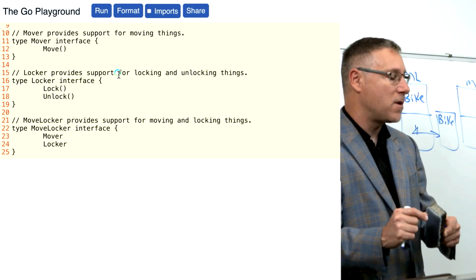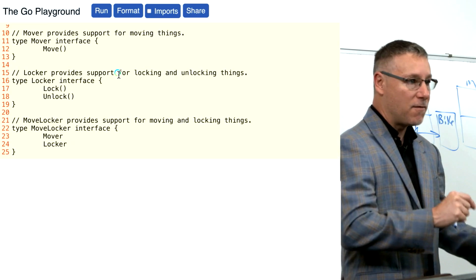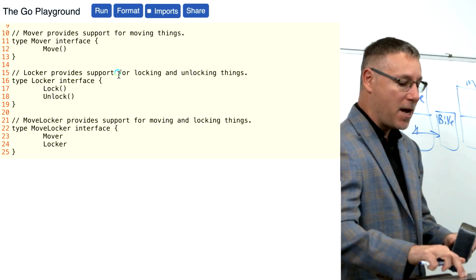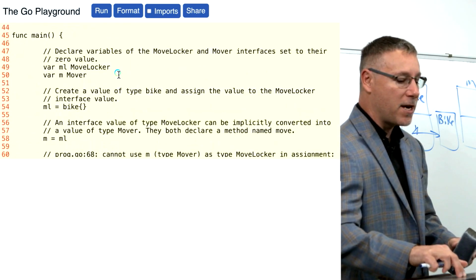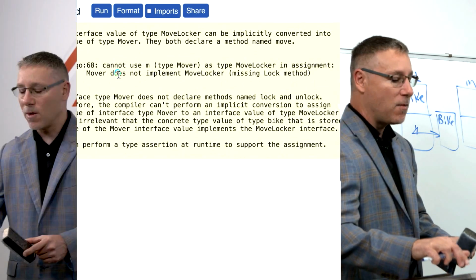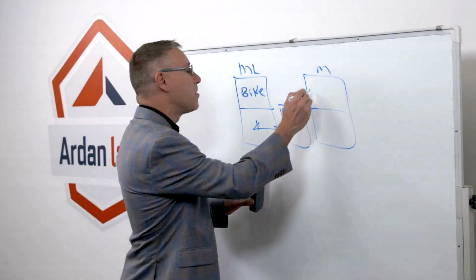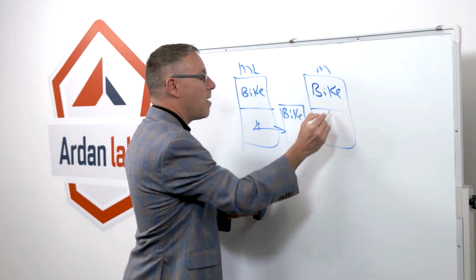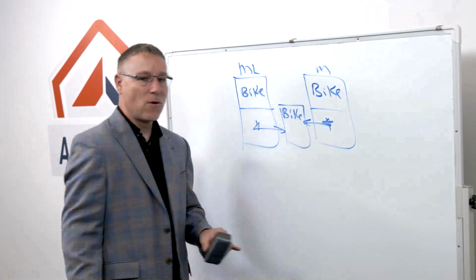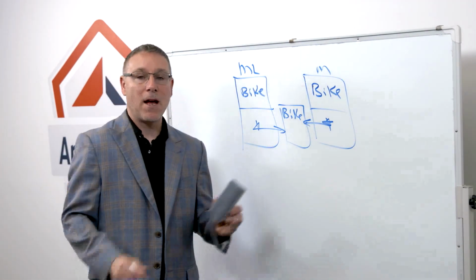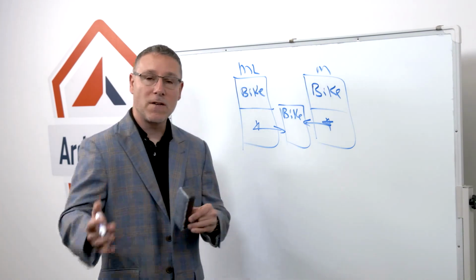We see that again on line 22, the composition of the move, lock, and unlock behaviors. So we can come back here again, we look on line 58, and the compiler says, yeah, that's absolutely not a problem. And so now M, right, can store the same bike value that ML is, and we're using those pointers for efficiency, for sharing.